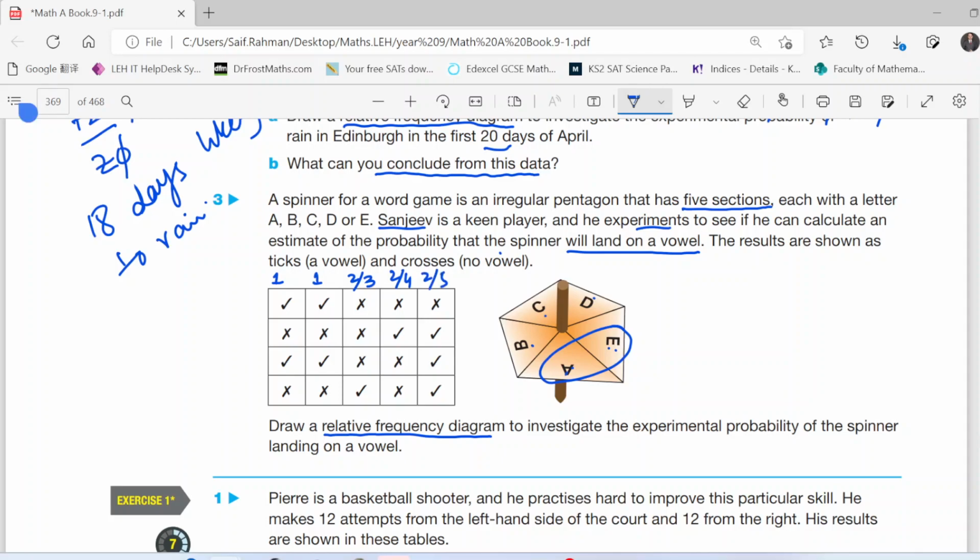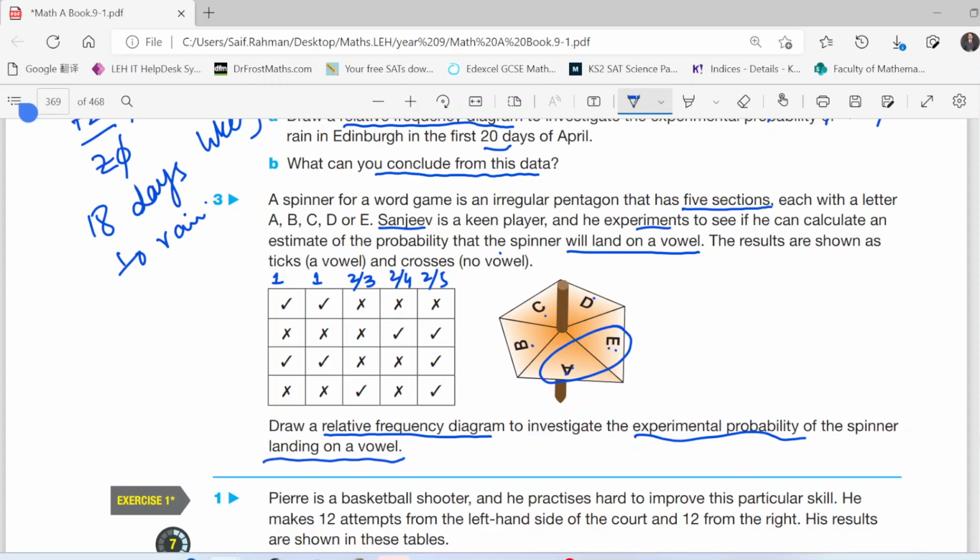In the same way for all these 20 experiments, and then draw a frequency diagram the way we did in the previous exercises, and then investigate the experimental probability of the spinner landing on the vowel.